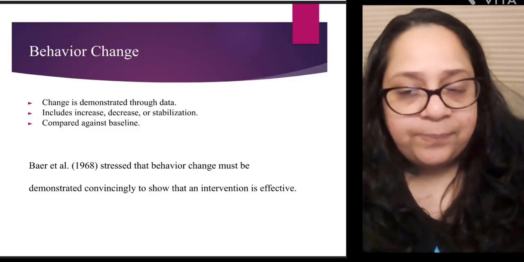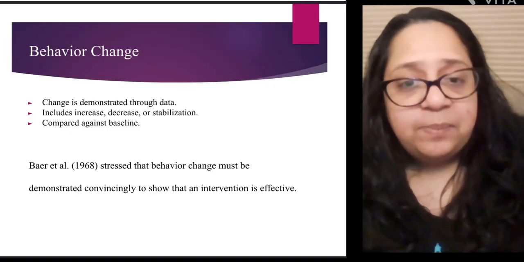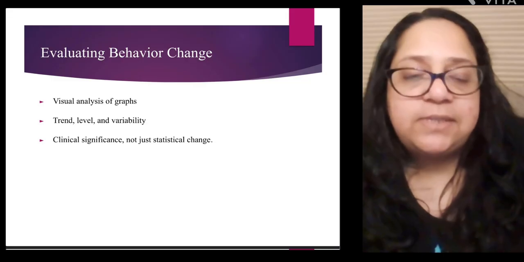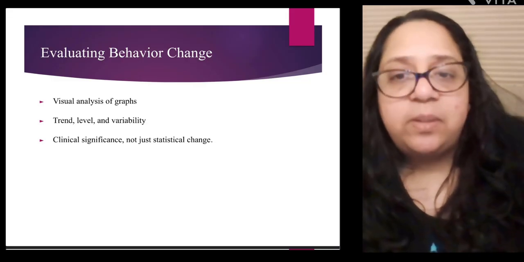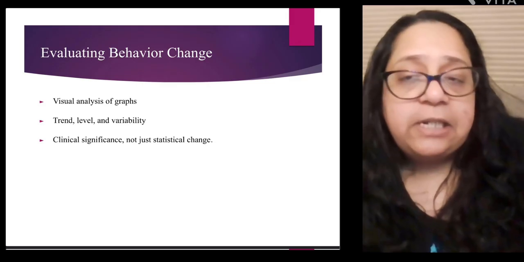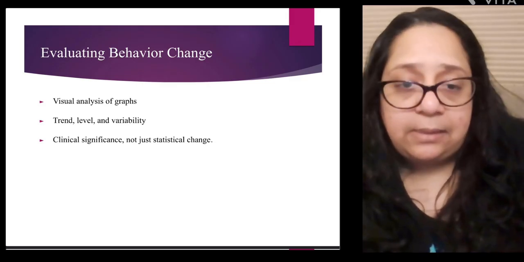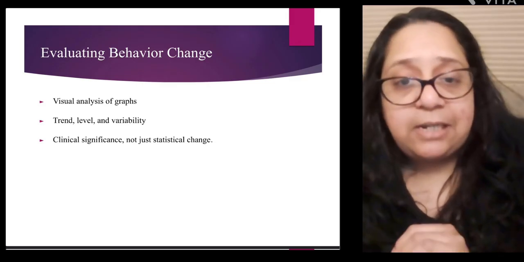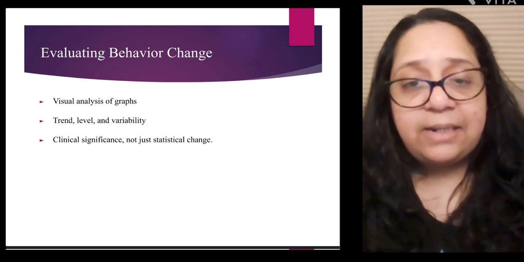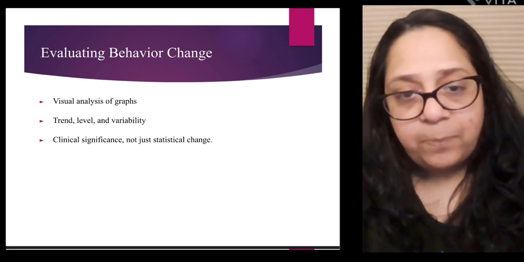Behavior change. In ABA, behavior change is demonstrated through data. Baer and colleagues emphasize that behavior change must be demonstrated convincingly. This means comparing intervention data to baseline, reviewing trends, levels, or variability, or using visual analysis to guide decisions.